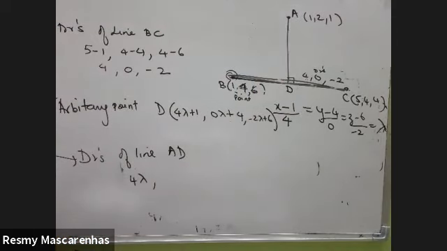Now multiply this into this, this into this, this into this, and you will get the value of lambda, since AD is perpendicular to BC. A1 A2, B1 B2, C1 C2 equal to 0.